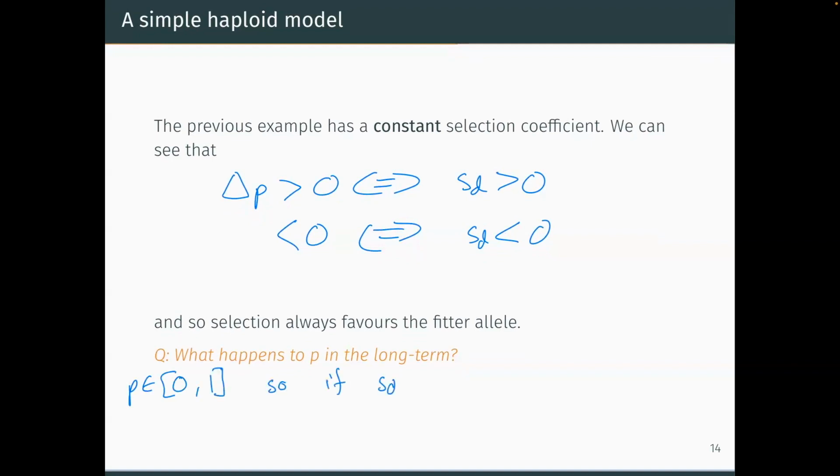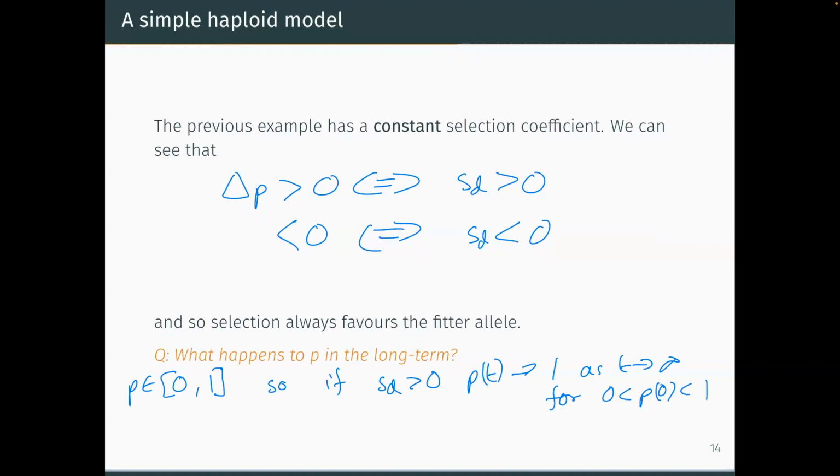So if our selection coefficient is positive, then P of T is going to tend to 1 as T tends to infinity, for 0 less than P0 less than 1. I'm going to call it P0, our initial frequency.